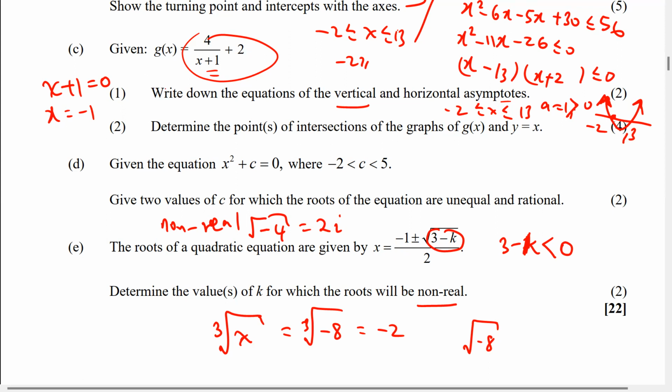That gives x equal to -1, which becomes an asymptote because it's problematic to divide by 0. The two asymptotes for this one would be the usual rectangular hyperbola, and therefore x equals -1 and y equals 2 are the values.